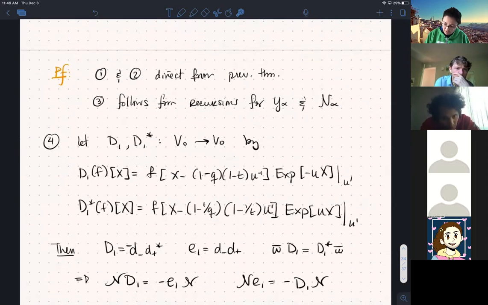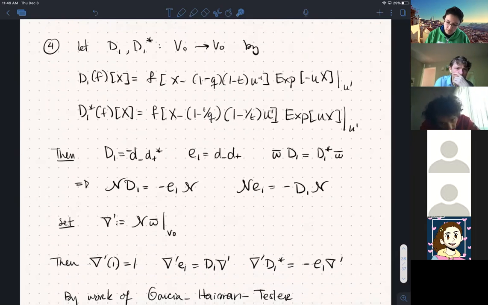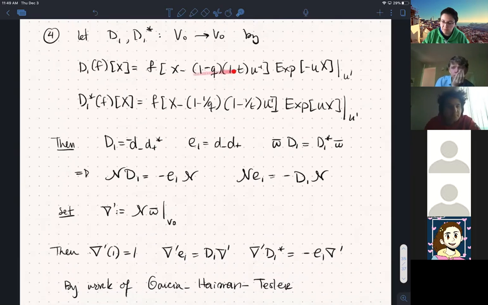And then 4, to see that it actually restricts correctly on the ring of symmetric functions, we need to define a couple of things. So the first thing is we're going to define these operators D1 and D1 star. On the ring of symmetric functions, there's some sort of plethystically defined things.